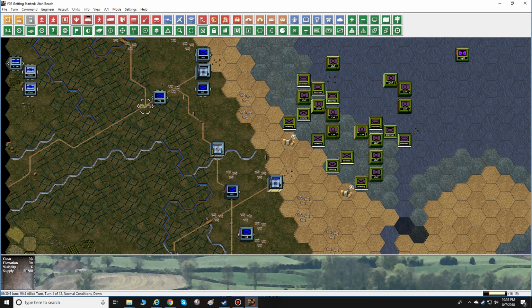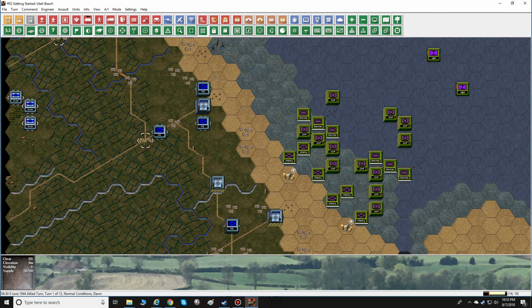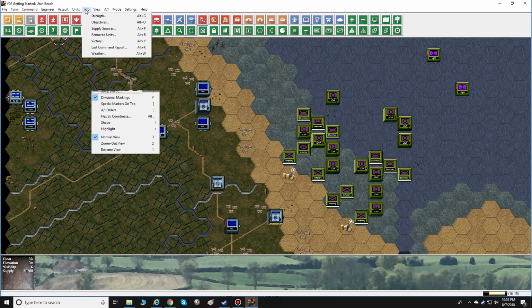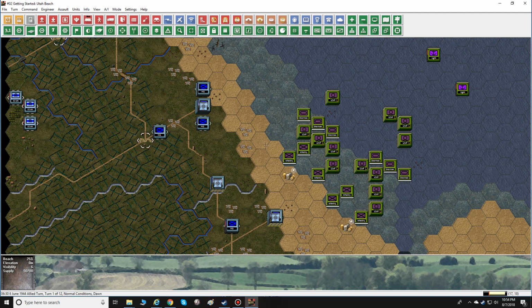So we've been looking at the interface and things to look at when you've played your first couple of battles. You've played your introductory scenario a couple of times, and you may or may not have done very well. You've looked at your victory point locations. You know what you have to do.